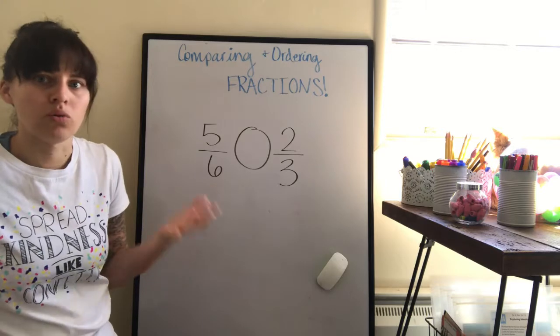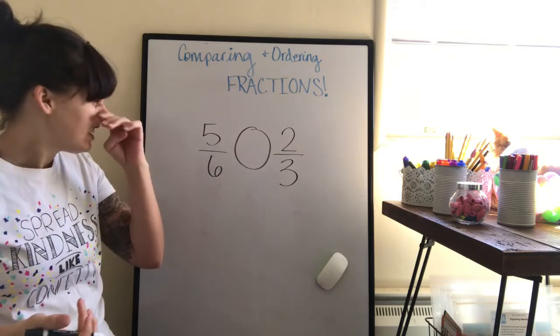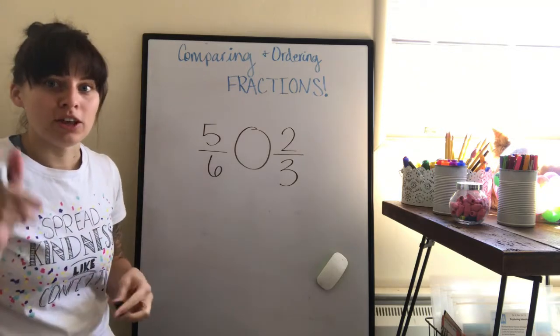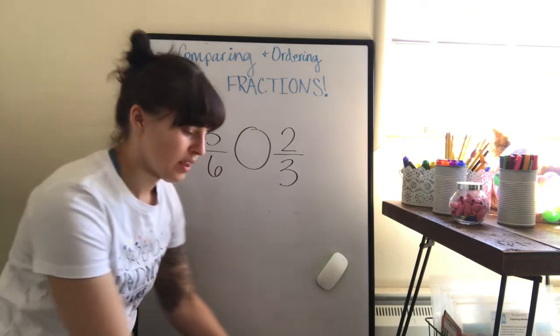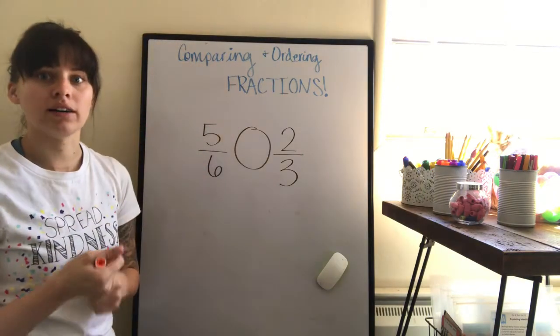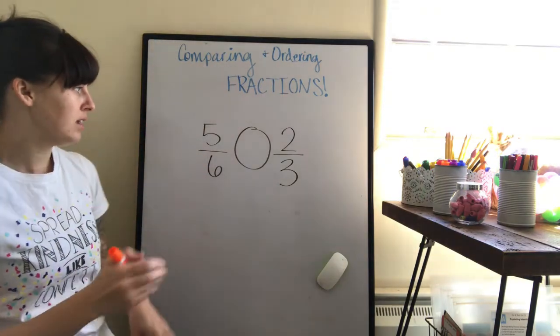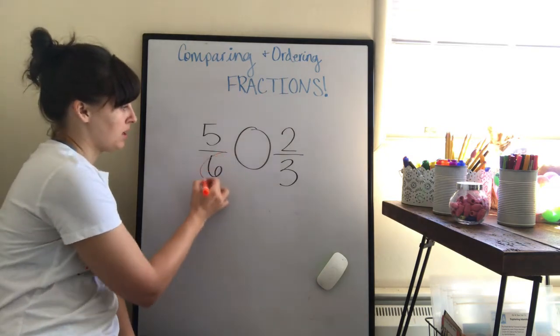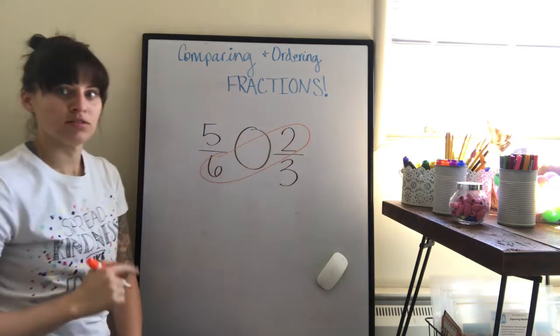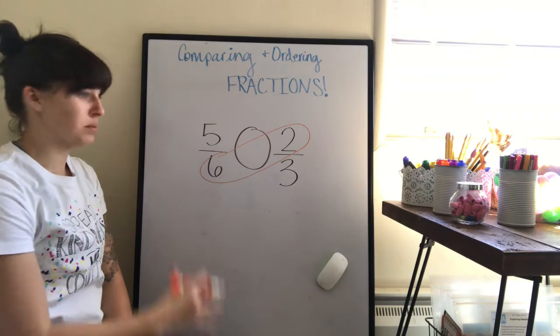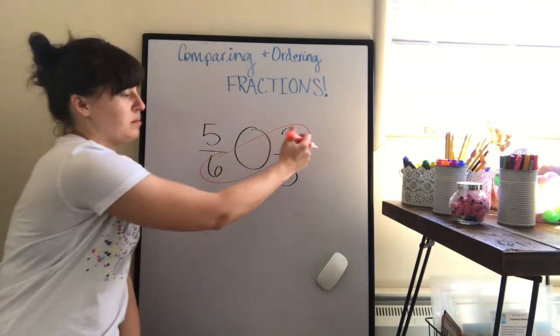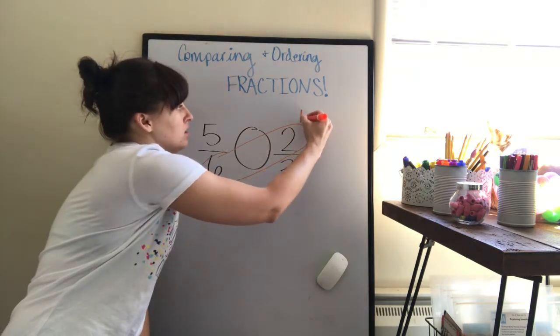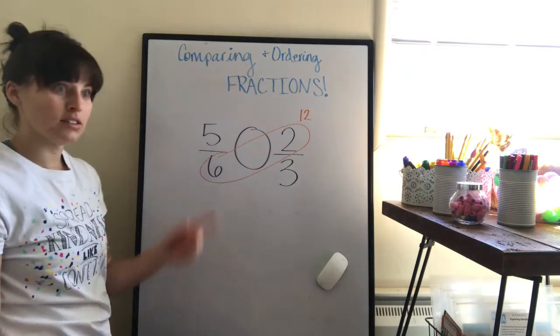We still have to know which one is bigger, which one's more. So one way that you guys really like doing this, that was easier for you, is when we cross multiply, right? So I'm going to take my denominator and my numerator from across our fractions, and I'm going to multiply. What's 6 times 2? 12.